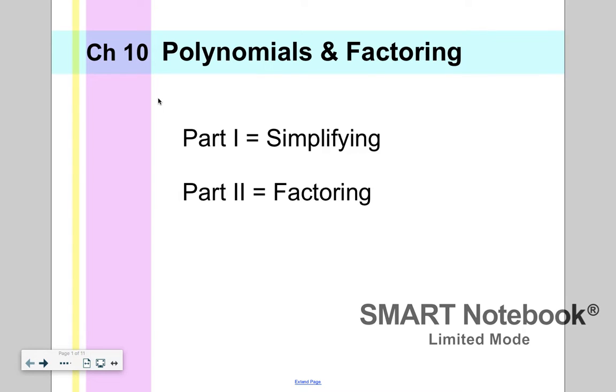But then we're going to spend the next couple of days just playing around with polynomials, simplifying them, right? Just like numbers, polynomials can be added and subtracted and multiplied and even divided, although we won't be doing much with the dividing. So we'll do a little bit of that for the next week or so, and then by next week we'll switch gears and we'll get into the factoring of polynomials.